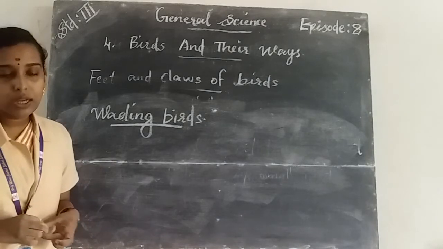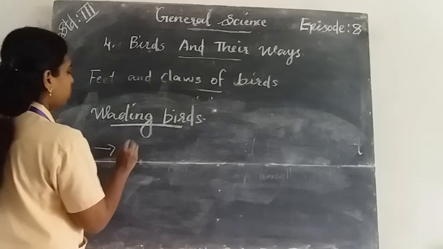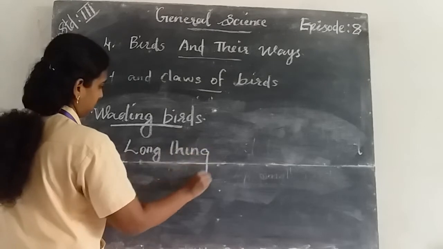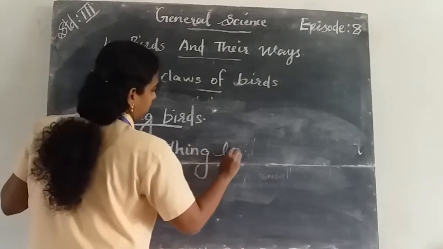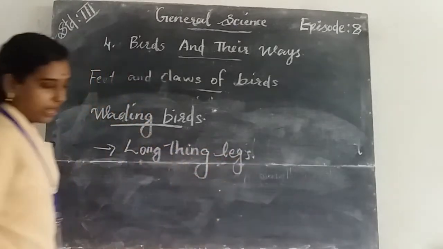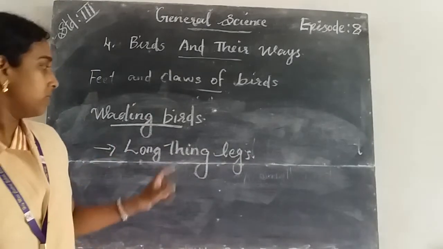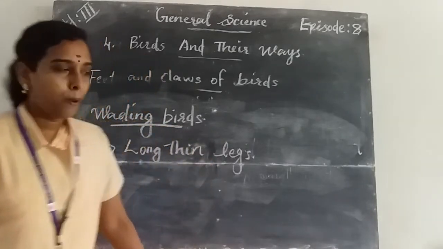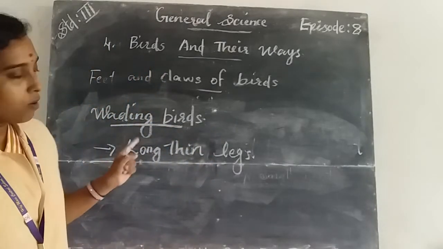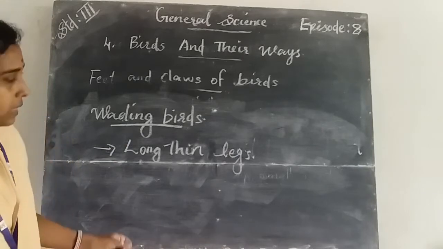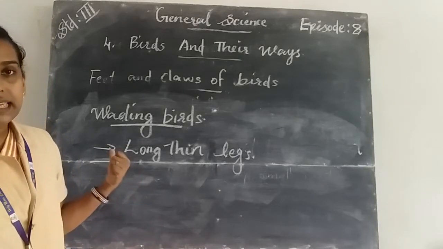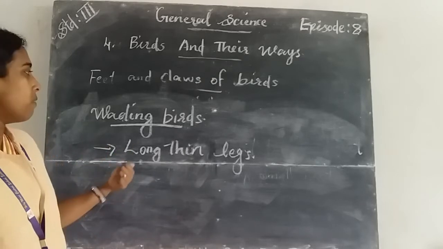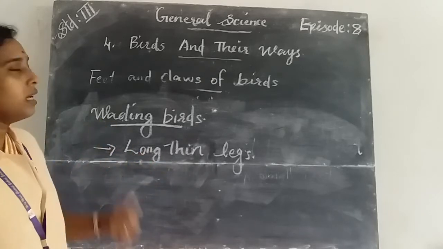Wading birds have long thin legs, and they also have strong toes which are spread to keep the feet from sinking into the soft mud. The birds having long, thin legs are called wading birds.